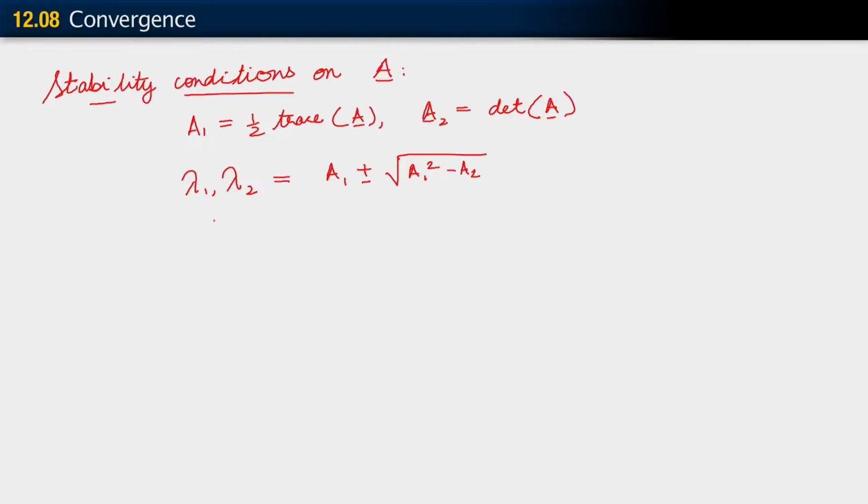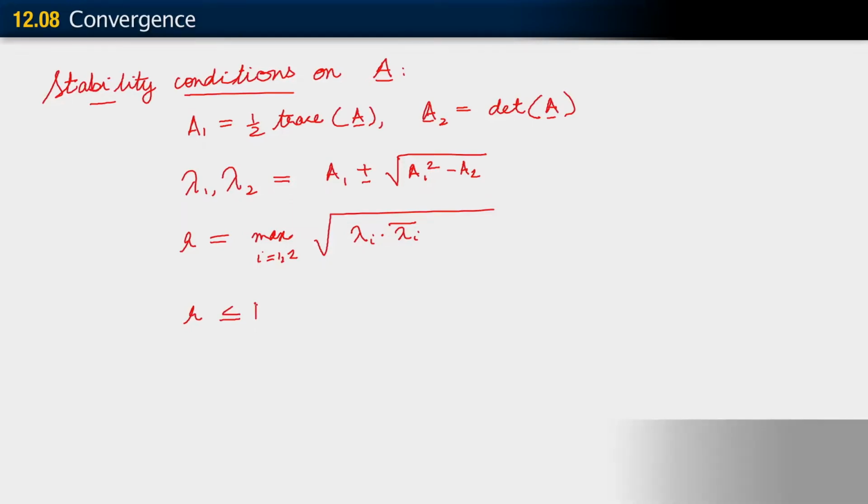We also said that R, the maximum of the square root of lambda i times lambda i bar, where lambda i bar refers to the complex conjugate, has to be less than or equal to 1, and we've understood when it needs to be strictly less than 1. This is how we go about our stability analysis.